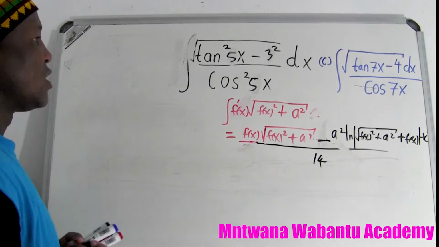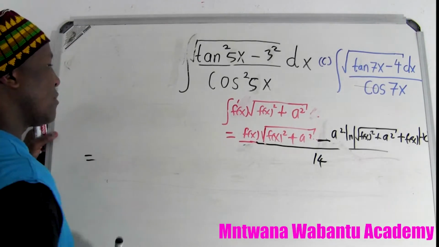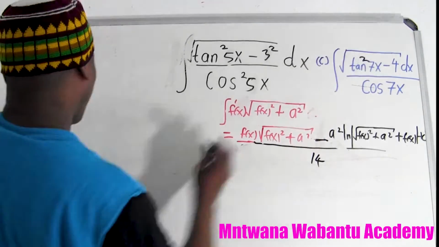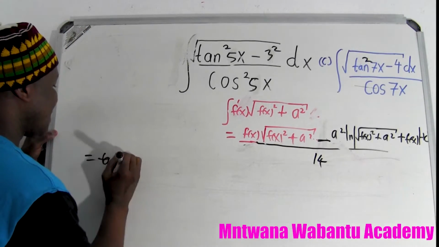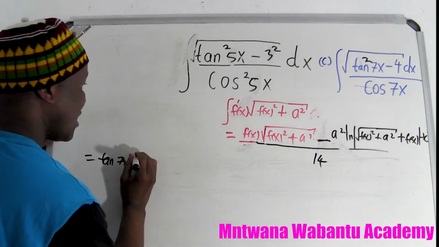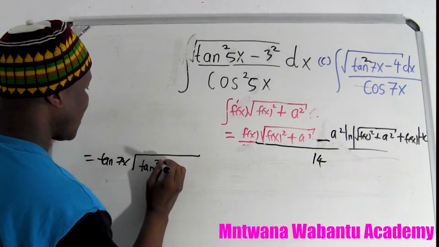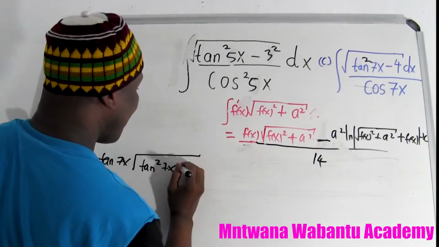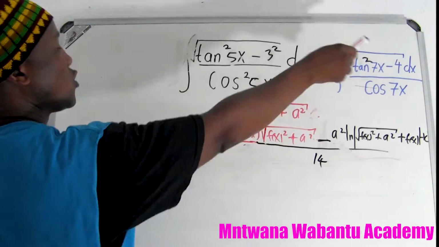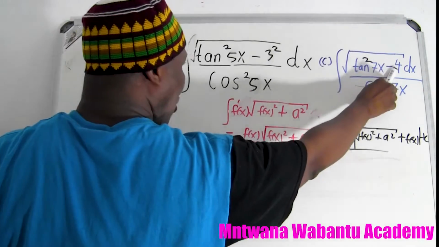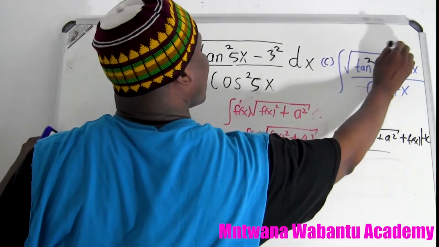Now let's go. I can just simply plug it straight away. f of x, what is f of x? Here must be squared, so it must be squared there. It's going to be f of x equal to tan 7x, and then root, you write exactly tan squared 7x, minus 4 is like 2 squared. What happened? Minus a squared. What is a? A is 2, 2 squared equal to 4.